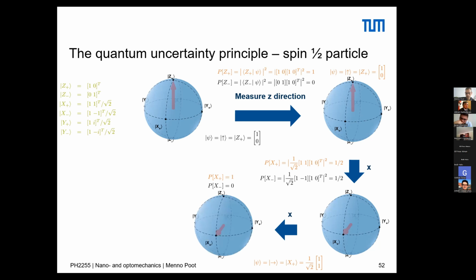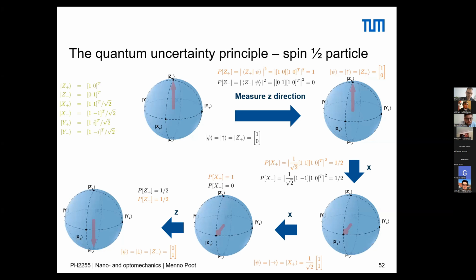And now if we do again a measurement in the z direction, then in this case, again, we have now this wave function that we start with, and we have these two eigenstates for the sigma z operator. Then you find 50% to be in the z plus and 50% to be in the z minus. And after this measurement, suppose that we find the z minus outcome, we are in this state over here.